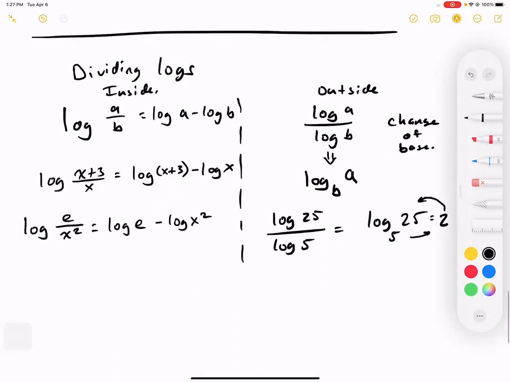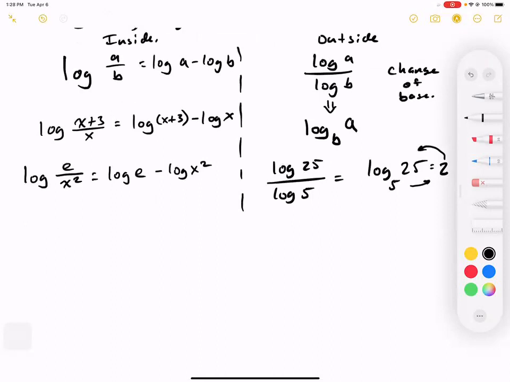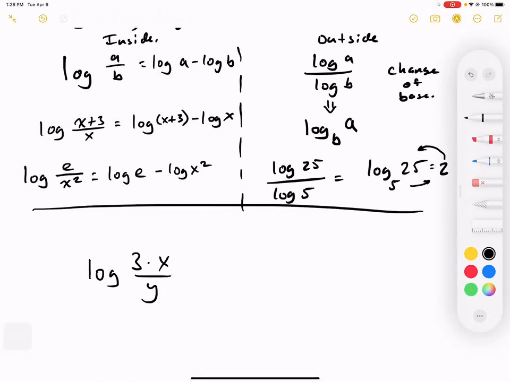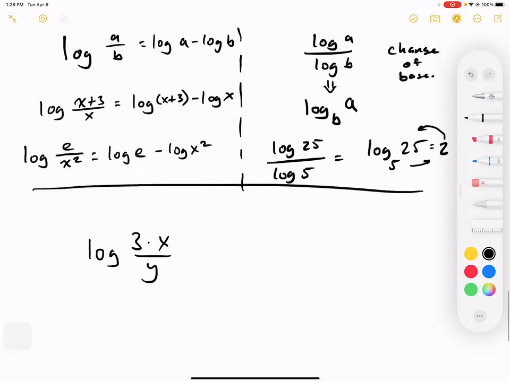Okay. All right, so I'm going to mix these all together. And if I write log base 3 times x over y, I want you guys to write this separately as separate logs. Log 3. If I'm multiplying, I'm adding.